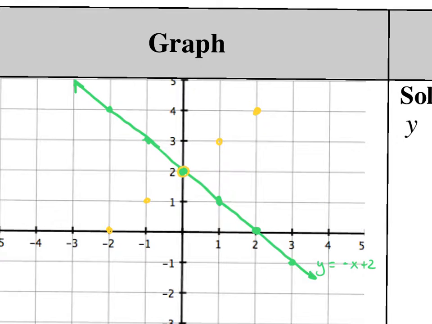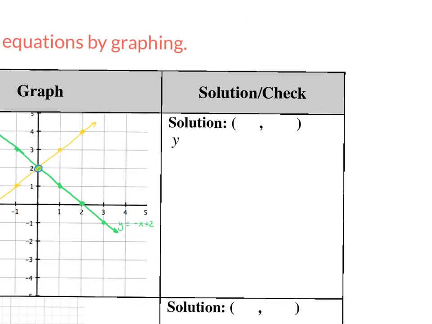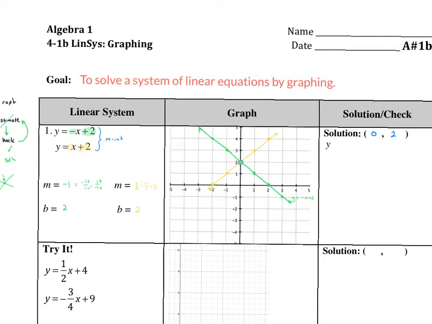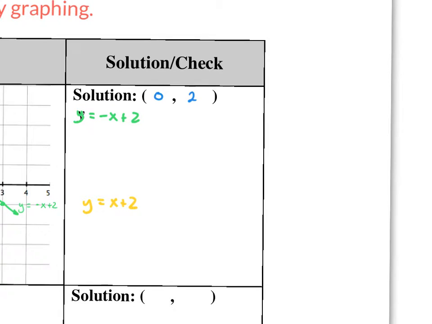And then when I graph this, connect the dots, and we see what my intersection is. There it is. So I'm claiming that my intersection is (0, 2). Now we need to check that. I'm just going to plug and play.